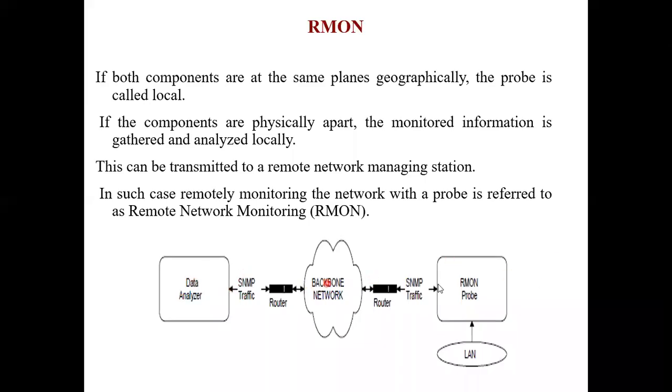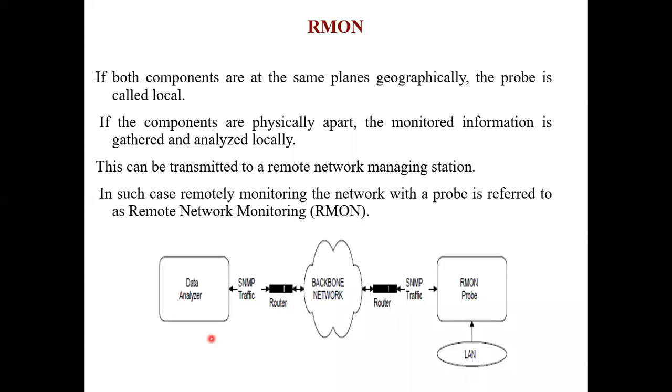So they are not actually in the same geographical location, because this is at one end and that is at the other end. Not necessarily are the physical probe device and the processor in the same part of the network. If they are in the same part, it is called local. Here the data is transmitted to a remote network management station. That's why the name is remote monitoring. So this probe right now is referred to as remote monitoring.